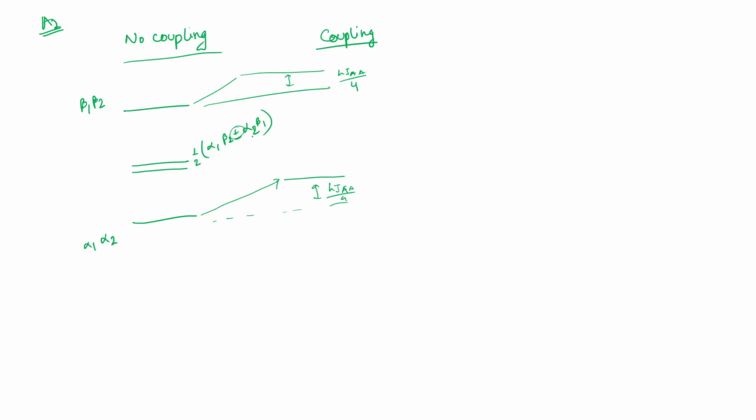One of these, which is the plus one, has gone up here again, HJAA by 4, but one of them actually has gone down, that is, actually this was 0, right? So this has gone down, so the scale is not perfect, here gone down, stabilized by 3 HJAA by 4.